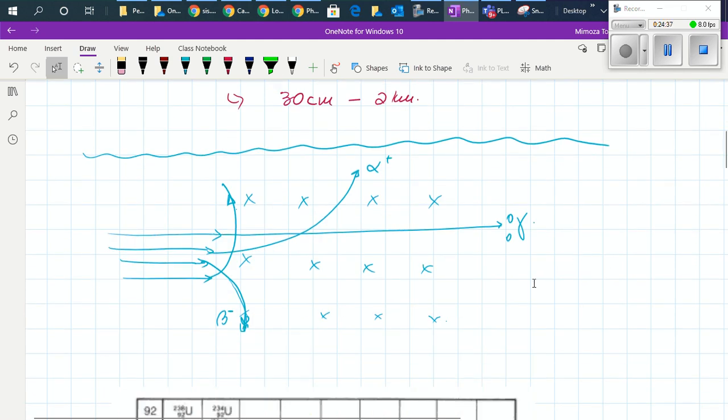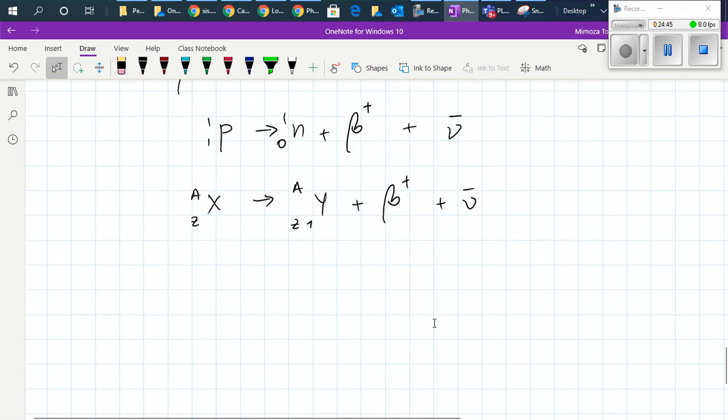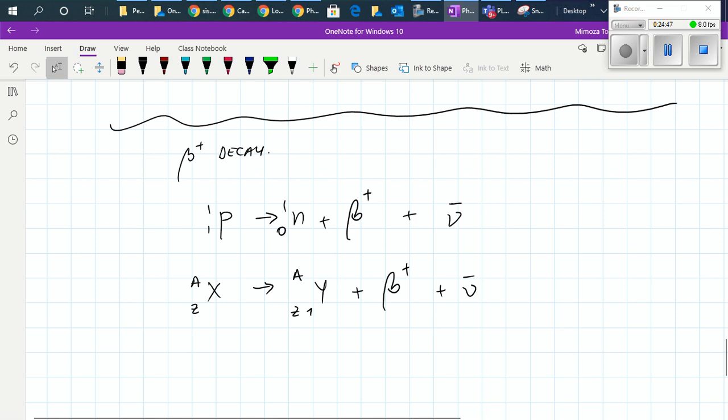It goes straight, undeflected. And they have high energy because they have short wavelengths, therefore high frequency, which gives us, based on Planck's equation, high energy.